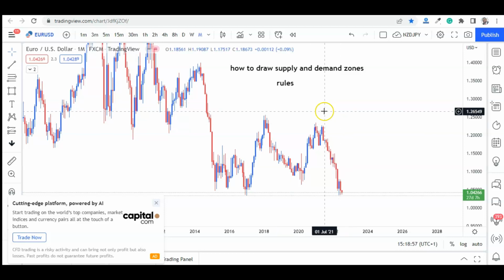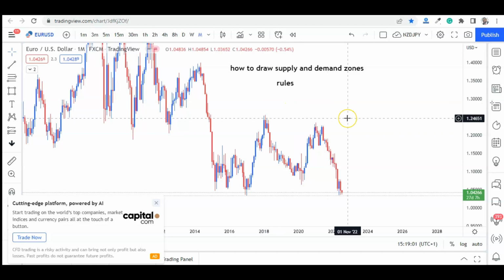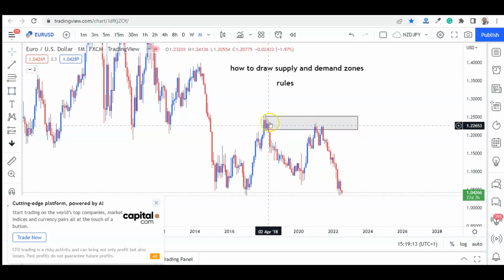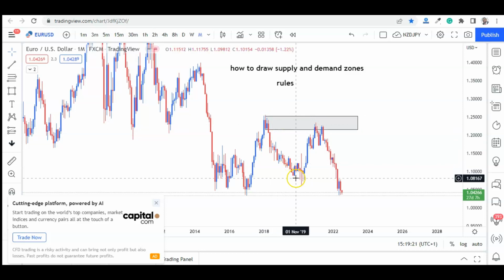Now the question is, what are supply and demand zones? These are zones where buying and selling orders came into the market to push price to the intended direction. For example, supply zones are areas where selling orders came in, orders to take the price lower, to push this price to the downside.